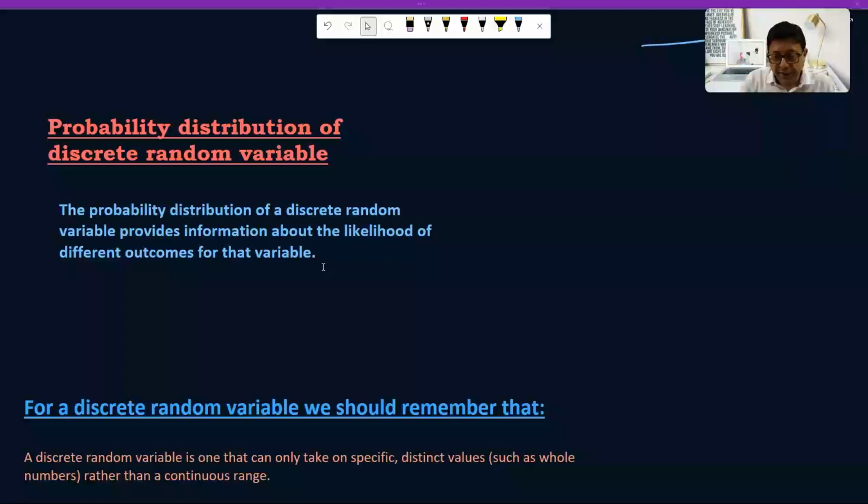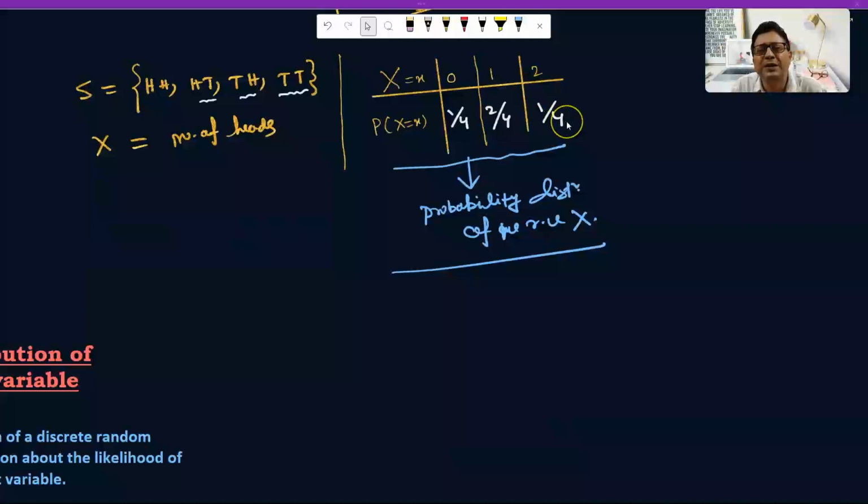Like in the example of coin toss twice, I have taken the probability of getting 2 heads 1 by 4. Getting first head, second one tail 1 by 4. First one tail, second one head 1 by 4. And then with two tails it will be 1 by 4. Here it is 2 by 4 because 1 by 4 plus 1 by 4.